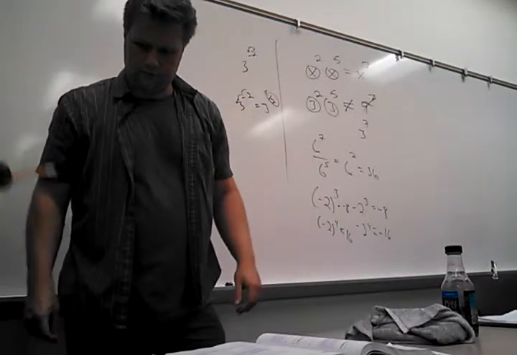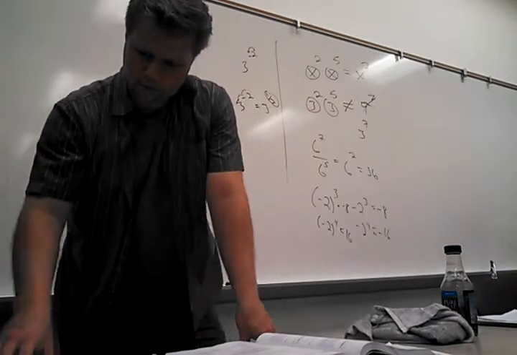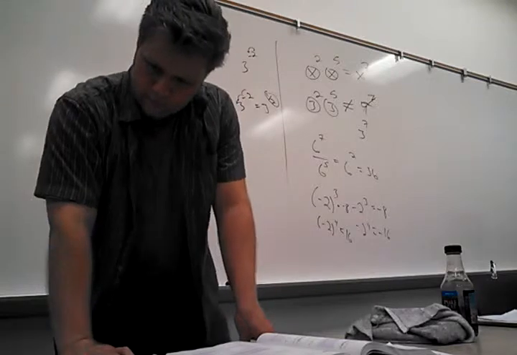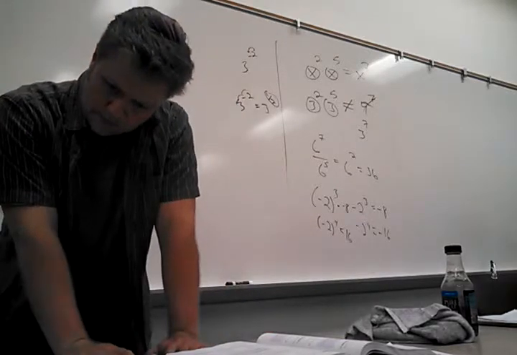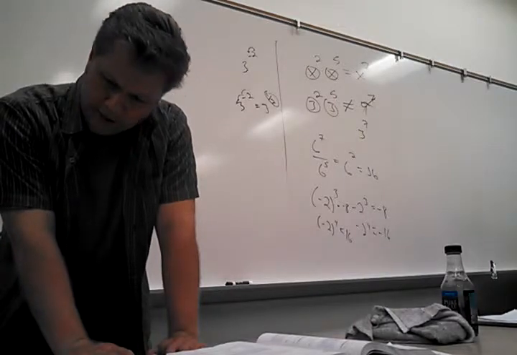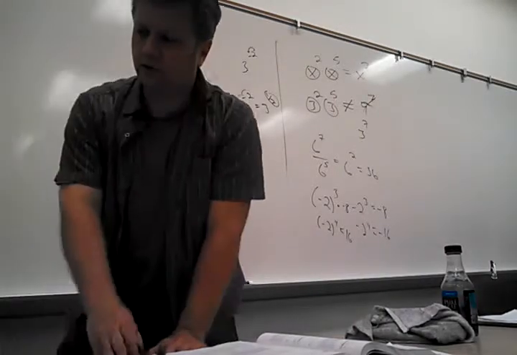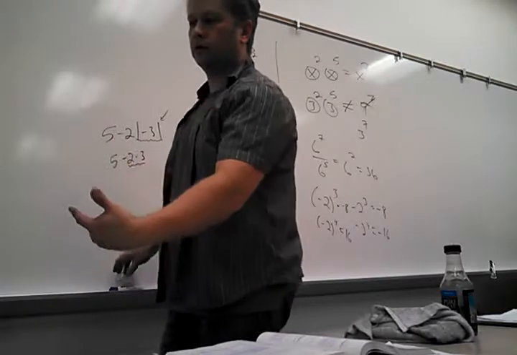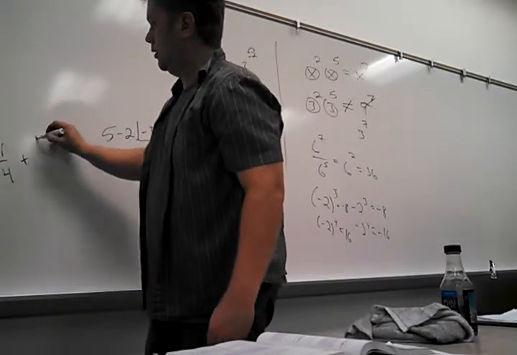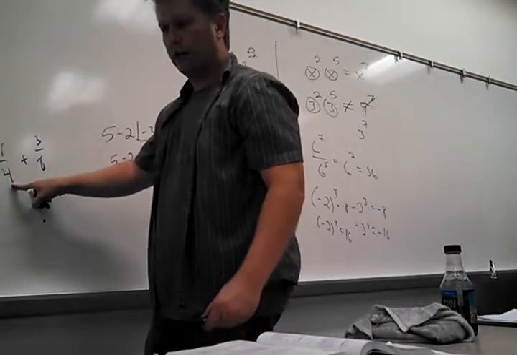For D, I have to find the LCD. I said it was 16, but when I wrote it on the paper, that just seemed wrong. It would work if you made them both 16, but that's not really the lowest, right? The lowest denominator would be the number that both of these can multiply up to be.